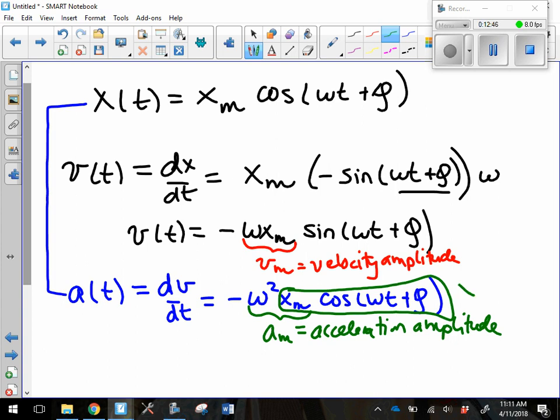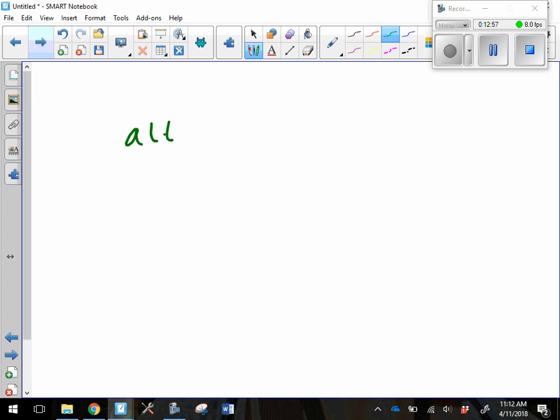It's x of t, right? So we can say that a of t is equal to negative omega squared times x of t.